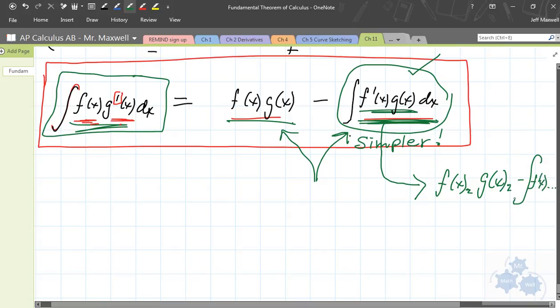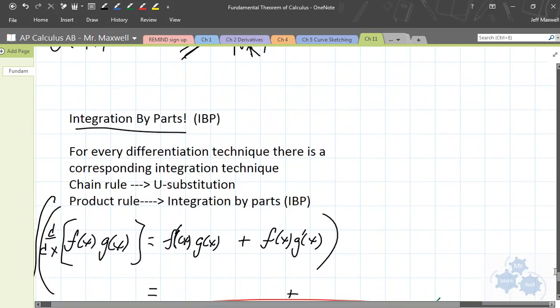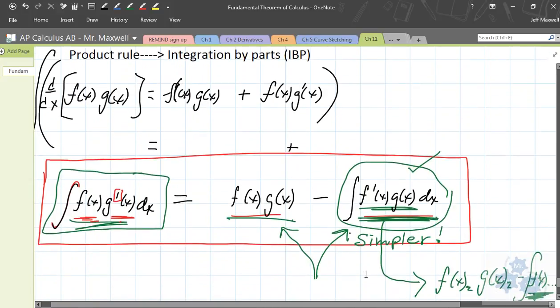And if that still doesn't work, if this one is still not easily integrated, you can do it again a third time, and so on. So integration by parts is a way of decomposing a larger, more complicated integral into something that's really simple, or at least easier to figure out.